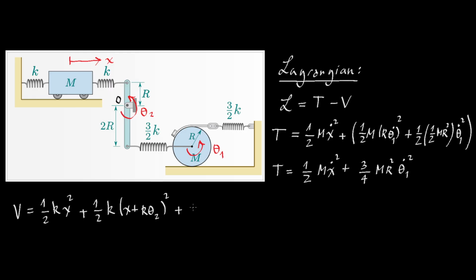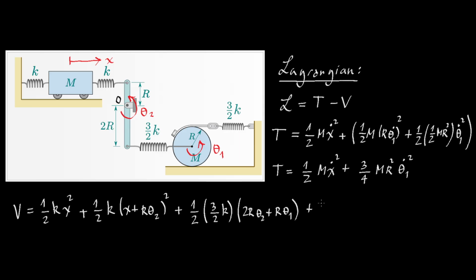For the third spring, it's very similar. Remember that the stiffness in this case is 3/2 K, and the deformation can also be written, in the case of a small oscillation, as 2r theta 2 plus r theta 1. r theta 1 is the horizontal displacement of the center of this cylinder.